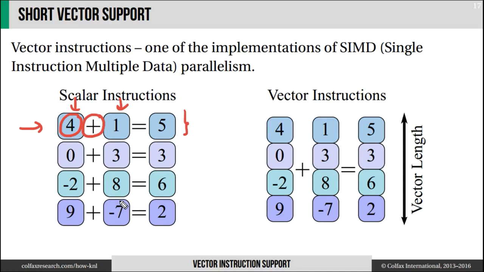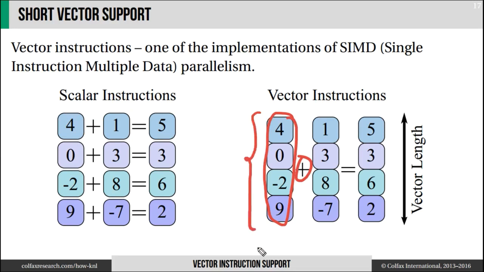In contrast, if I have a program that uses vector instructions, then I can issue one addition instruction for several numbers at once. And the idea is that thanks to specialized vector processing units in my architecture, the latency of this vector addition is going to be the same as the latency of just one scalar instruction. So potentially I get a speed up equal to the width of my vector register.